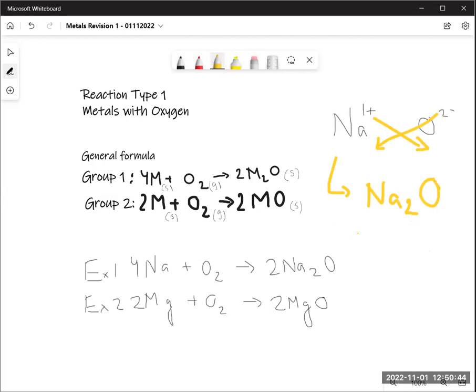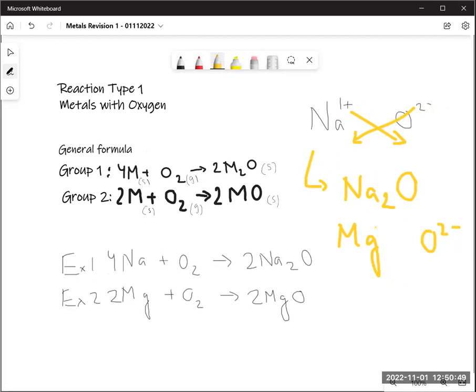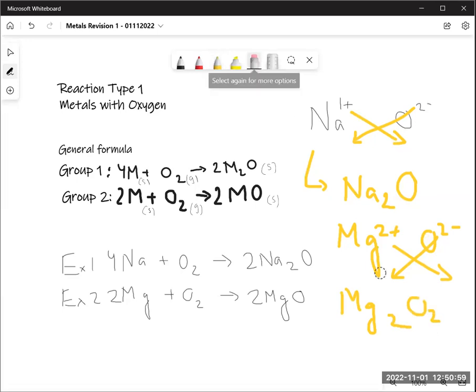In the same way, we had Mg 2 plus and O 2 minus. So that will come here, this will come there, and you'll get Mg2O2. But our job is to simplify it. So Mg2O2 is the same as MgO. So the charges balance out. So MgO.